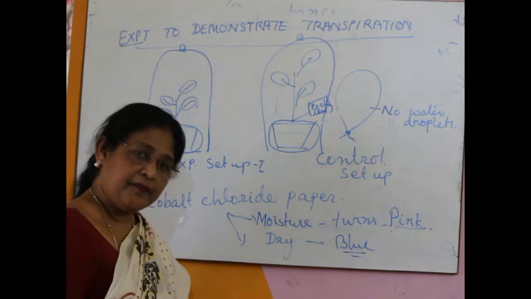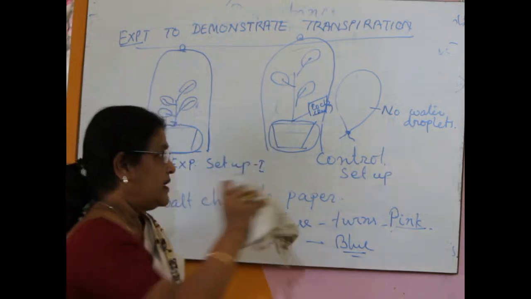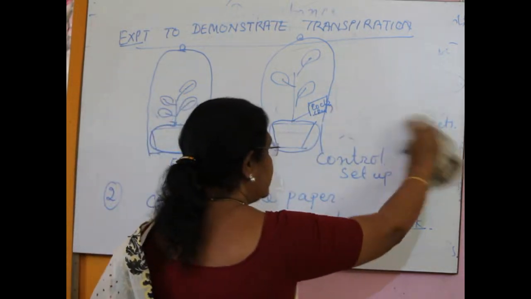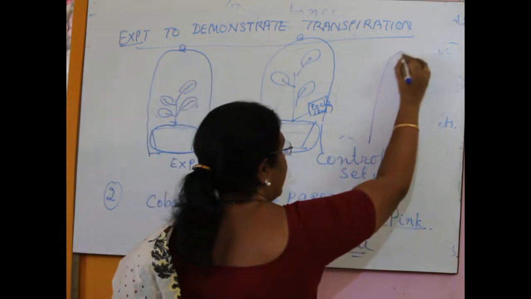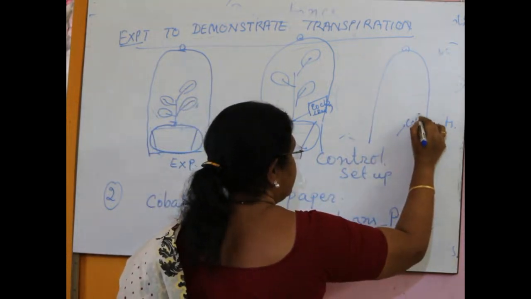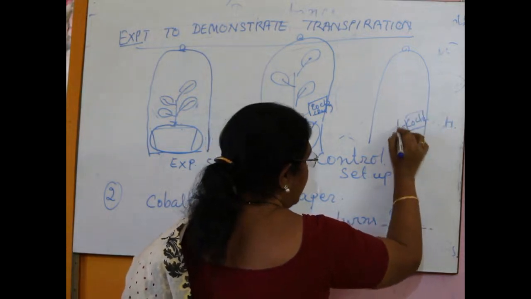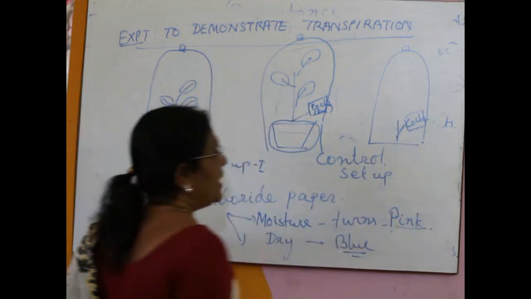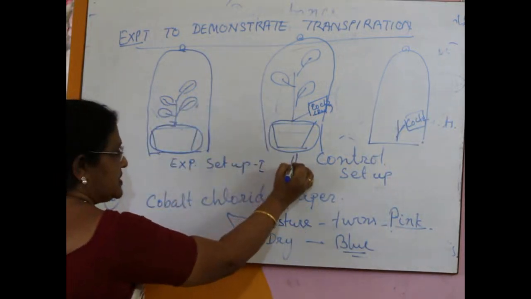Am I clear? So this is another setup, and a plain setup we can take without any plant, only a bell jar with a cobalt chloride paper. Right? Dry cobalt chloride paper, but no plant. Now here, in the first setup, this is setup 2.